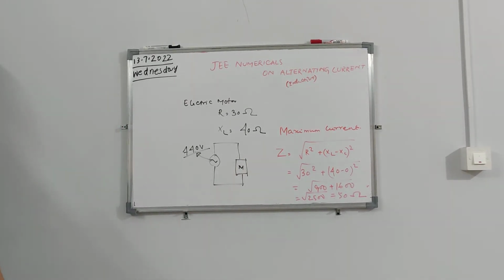So you know your Z value. You have to find I. V is equal to IR. In your house, the maximum voltage is given; this is not the RMS voltage, this is the maximum voltage. Then find out the maximum current.